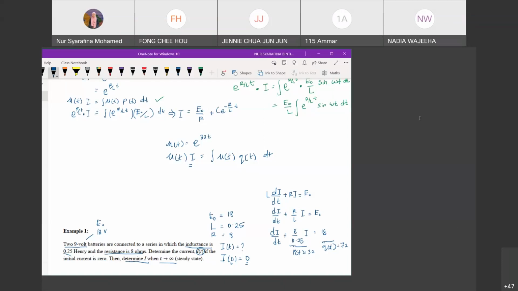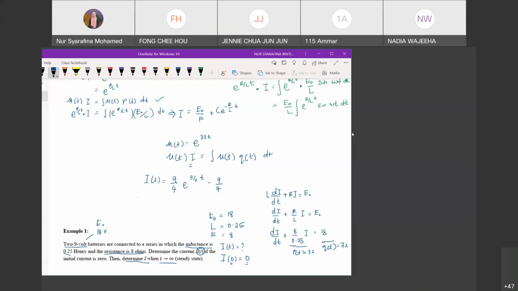All right, look at the chat here. We have the answer. You have I(t) equals 9/4 plus A e to the power of minus 32t, and A is minus 9/4.